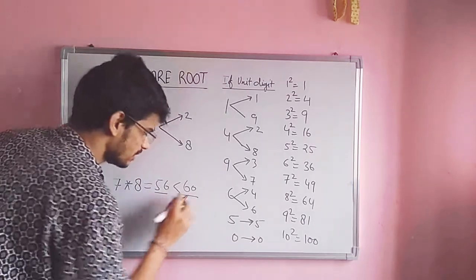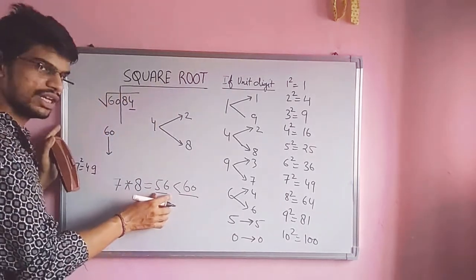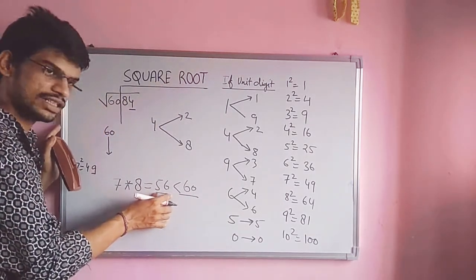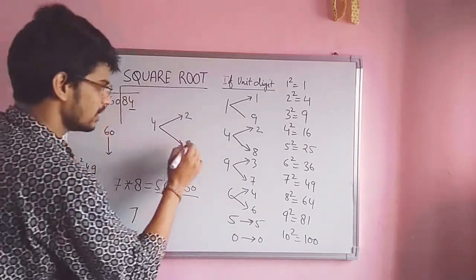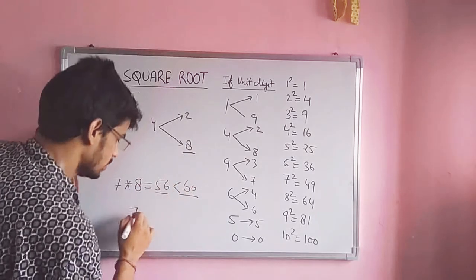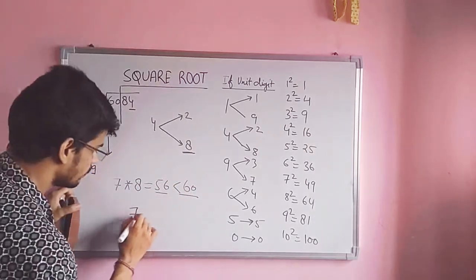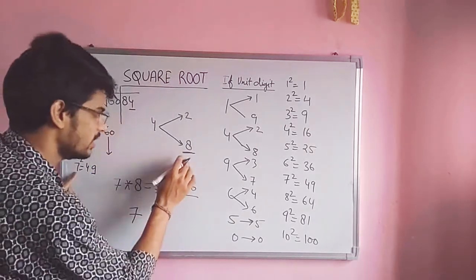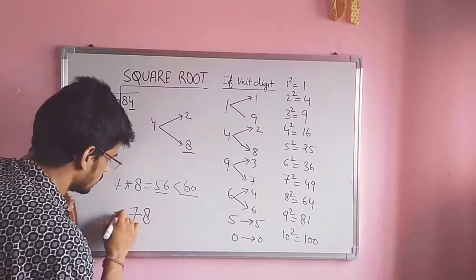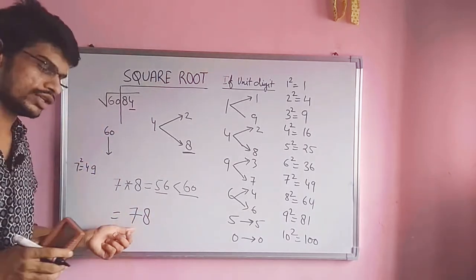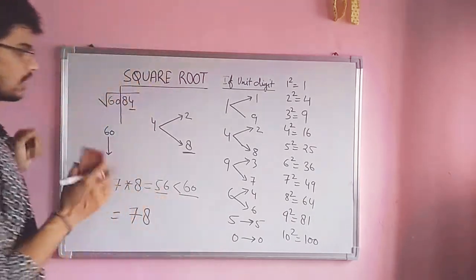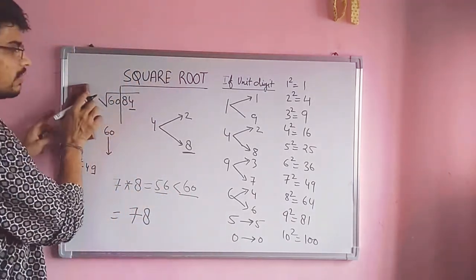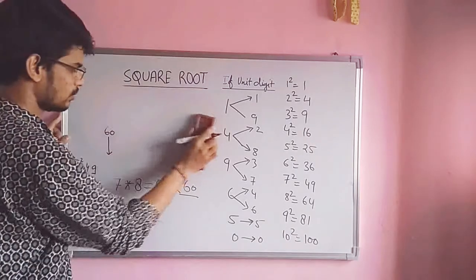If the multiplication value is lesser than the given value, then we take the higher value. That means here we take 7, here we take 8. The square root is 78.